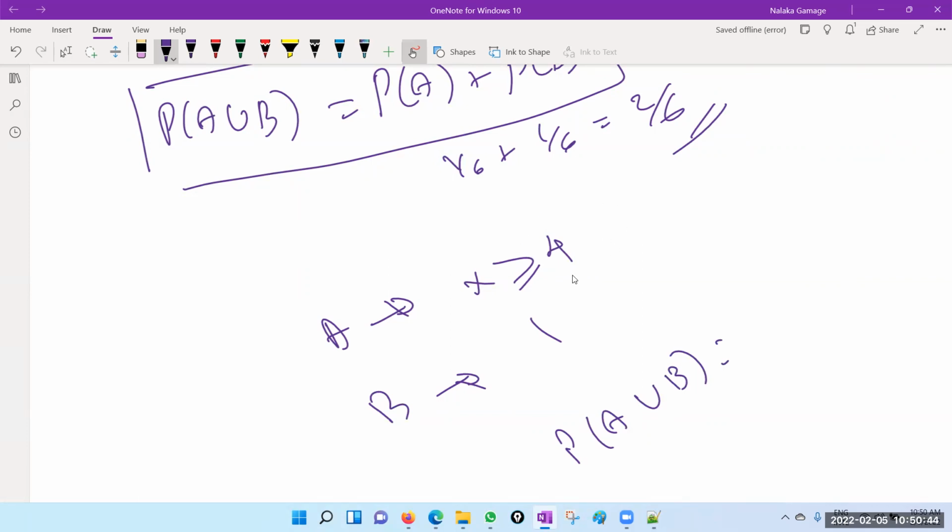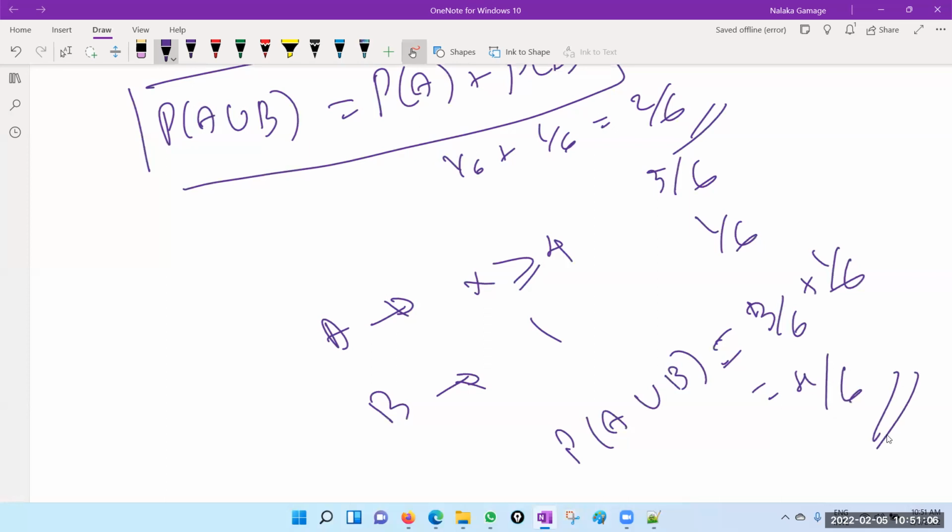The outcomes for A are 4, 5, 6, so that is 3 out of 6. B is 1 out of 6. So the probability of getting more than or equal to 4, or 1, is 3 out of 6 plus 1 out of 6, because they are mutually exclusive. None of the outcomes will satisfy both. That gives 4 divided by 6.